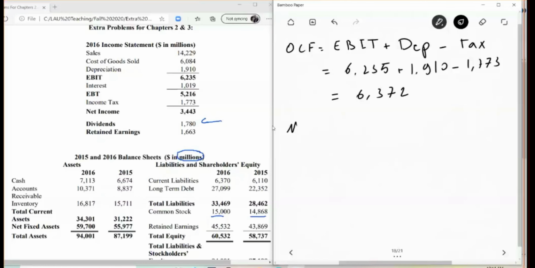The net capital spending is equal to the change in fixed assets plus depreciation.